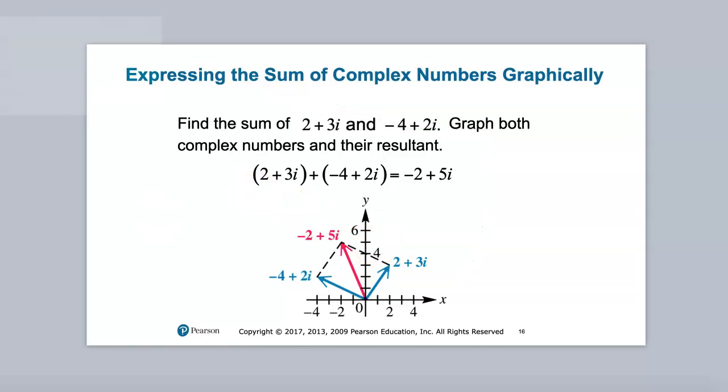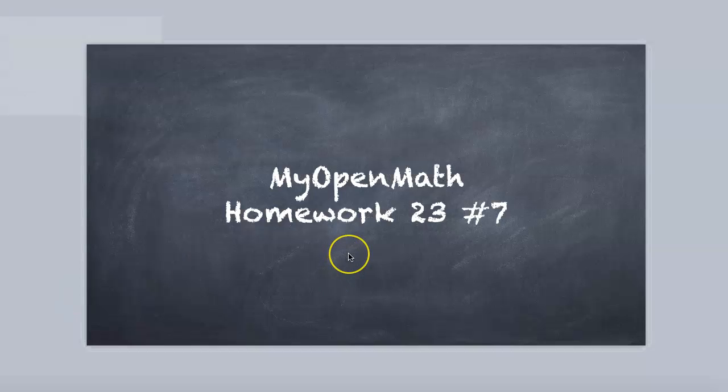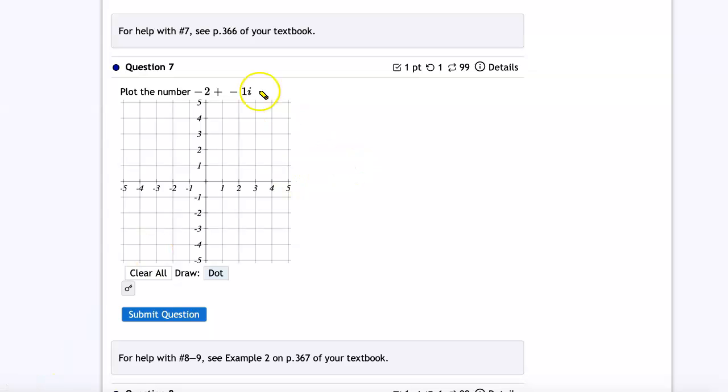So now let us look then at my Open Math Homework 23, number 7. We need to plot -2 plus -1i. Now this is the same thing as if they were to write -2 minus i. Same thing. And so what we want to do is look at the real number for the x direction.